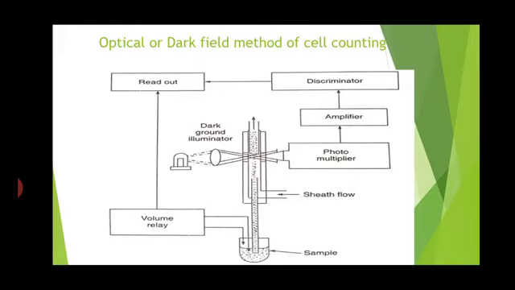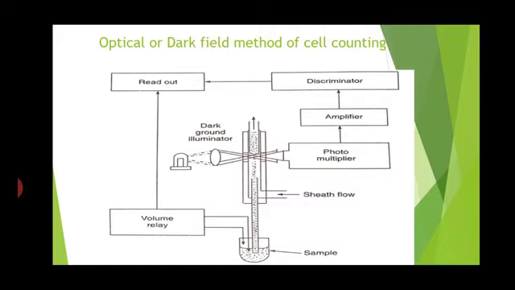So from the sample they take the blood, and using the sheath the blood is made to flow in a narrow stream, on which the illuminator light falls. That light is scattered from the cells of the blood, and the scattered light falls on the cathode of the photomultiplier tube.